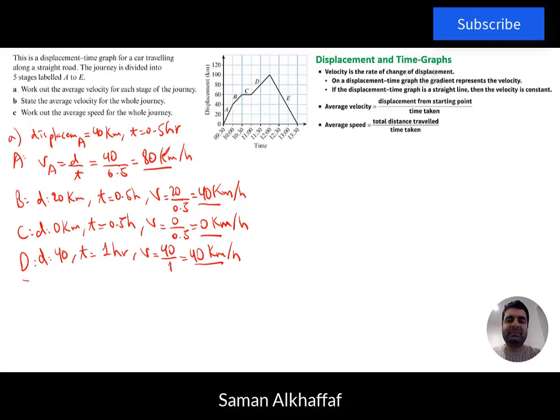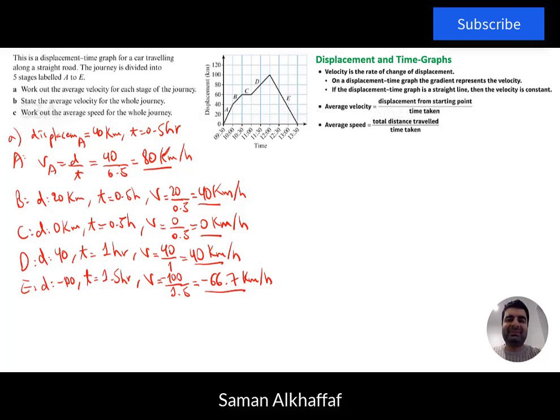Now for part E, we have the displacement to be minus 100, and the time to be 1.5 hours. So the velocity will be 100 over 1.5, which gives approximately, because it's negative, minus 66.7 kilometers per hour.